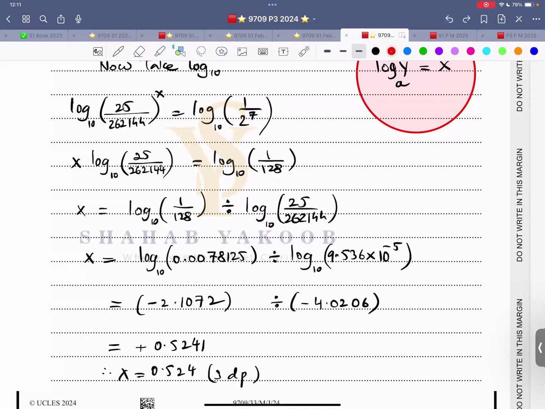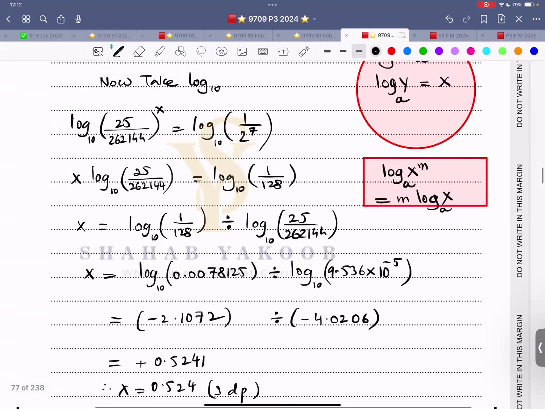Let me use the red color again. That is log x raised to power of m base a, the power comes down and multiplies. So at every position, you should know what exactly is happening.